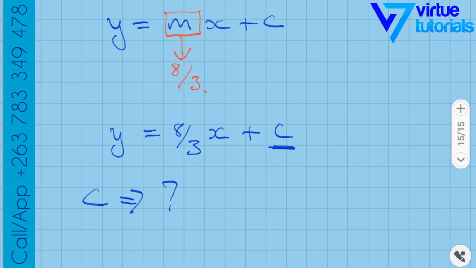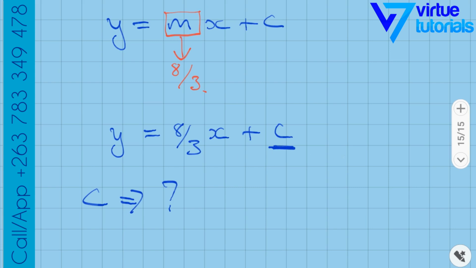Now, what is c? c is the y-intercept. It represents the point where the line cuts the y-axis. Now, if we had a picture of the line, we would simply look at the picture and be able to see where it cuts. But we don't have that in this situation. So we must find a way of calculating c.